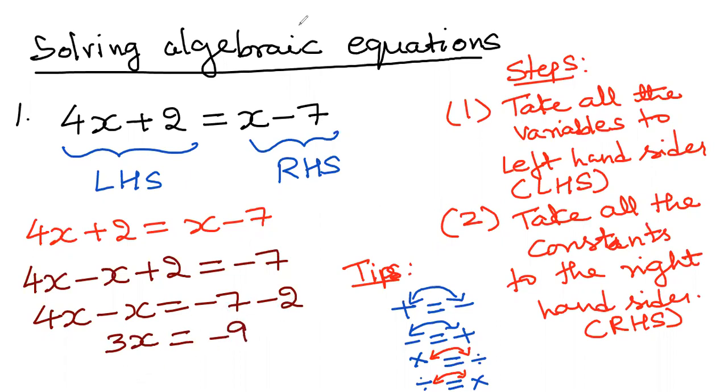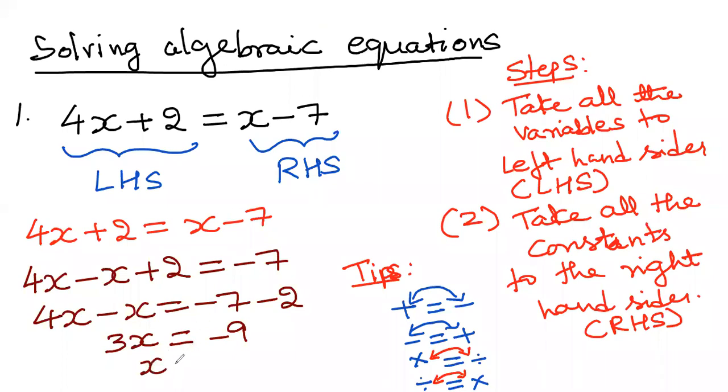Now we have 3x. What we have to do in solving is to find the value of the variable. In this case, we have to find the value of x, or solve for x, not just 3x. So we have to remove 3. How do we remove 3? Again, we have to go back to this: multiplication becomes division. This is 3 times x, so times, when it is taken on the other side, becomes division.